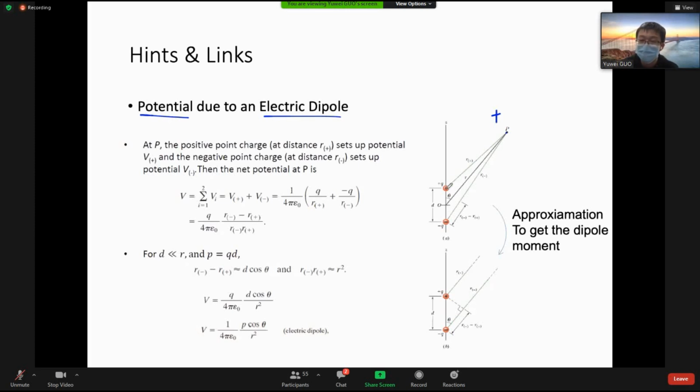For the potential at the point P, for the positive charge, the potential can be expressed as this one. And for the negative charge, the path can be expressed as R minus, because there is a difference between R plus and R minus.